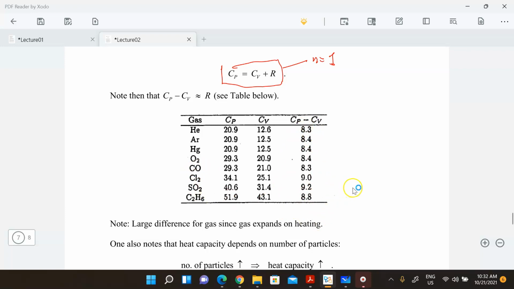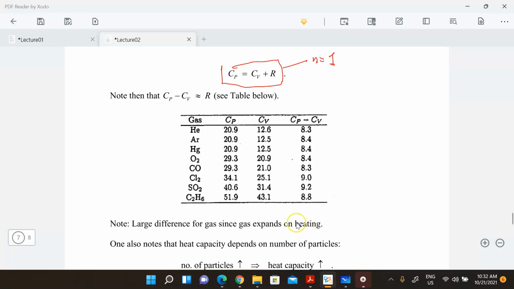So now, why is this such a large difference? Remember what the difference is between the two heat capacities. One involves just heating, which is your Cv. The other involves the expansion of the gas itself.